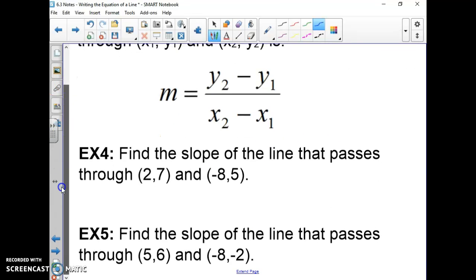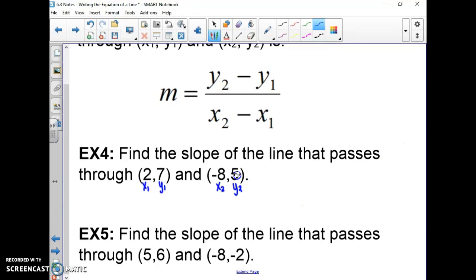So let's look at doing an example here for number 4. We're supposed to find the slope of the line that passes through (2, 7) and (-8, 5). It does not matter which coordinate we pick to be (x1, y1) and (x2, y2). I'm going to let this be (x1, y1). This is going to be (x2, y2). So we just plug this into the formula.